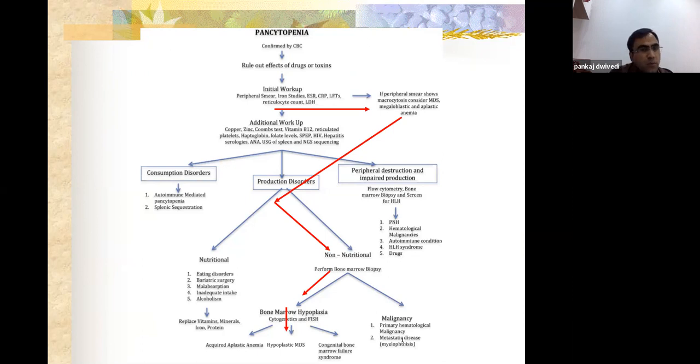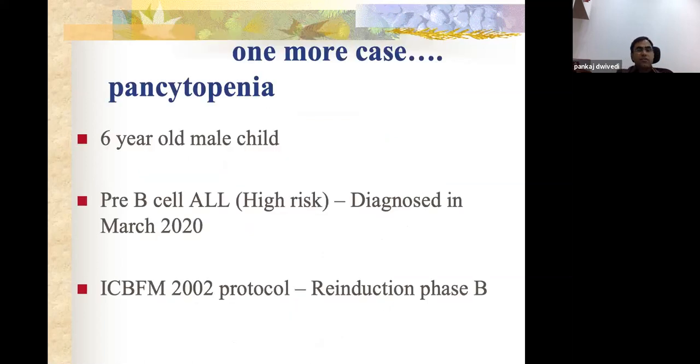You have performed the bone marrow biopsy, and you find there may be hypoplasia. So maybe three: either acquired aplastic anemia, congenital bone marrow failure syndrome, or hypoplastic MDS, but you could not find any myelodysplasia. So you are dealing with either acquired or congenital. When you have done all those additional tests, then you will reach the diagnosis.